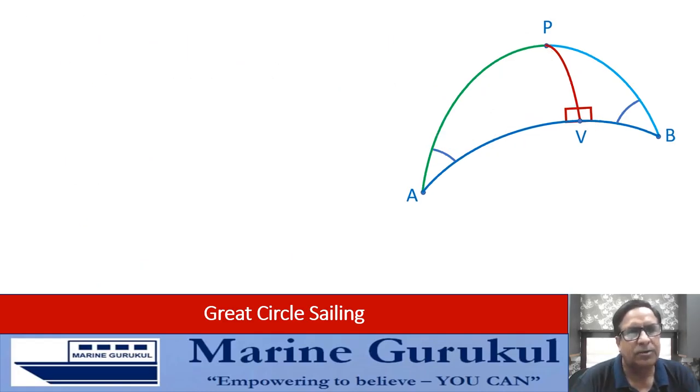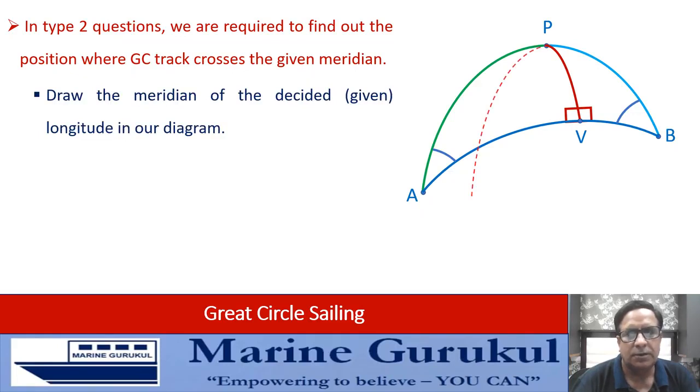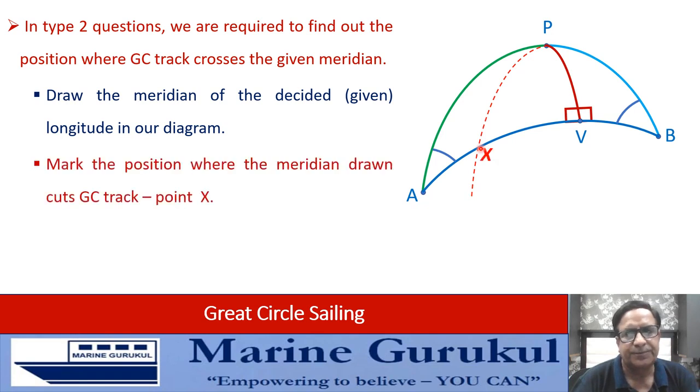In the second scenario, we could have the longitude of the waypoint pre-decided. So what we can do is draw the meridian of the waypoint, and wherever the meridian of the waypoint crosses the GC track, which is this point, this becomes our waypoint and we can mark it with X. Now, because the longitude of V and the longitude of X are known, we can calculate this D long P here.